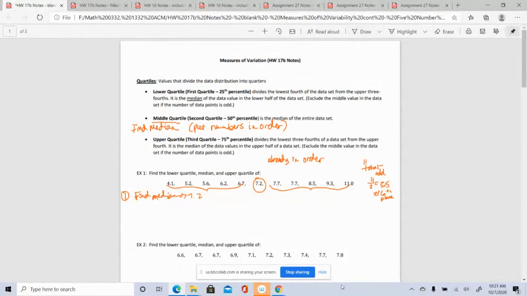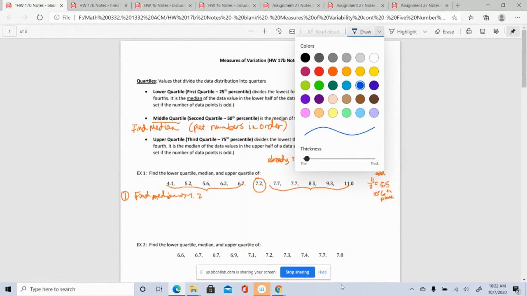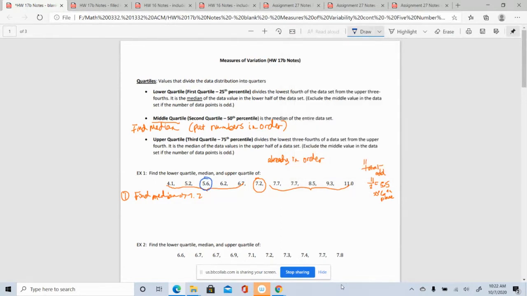If I have 5 numbers, the number in the very middle would be this number right here. So we're going to find the median of the lower half. That's to find the lower quartile.